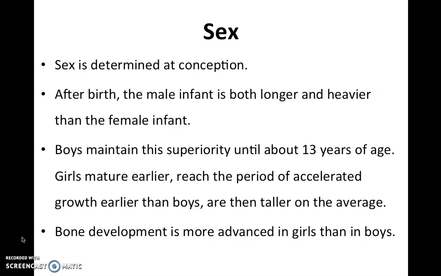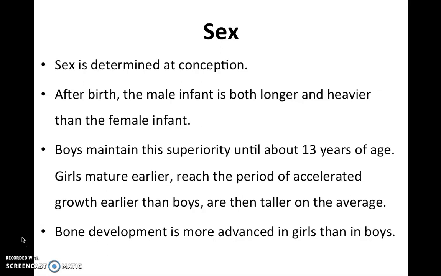That is, after birth, a male infant is both longer and heavier than a female infant. And boys maintain the superiority until about 13 years of age, and girls mature earlier, reach the period of accelerated growth earlier than boys, and are then taller on average. So bone development is more advanced in girls than in boys.